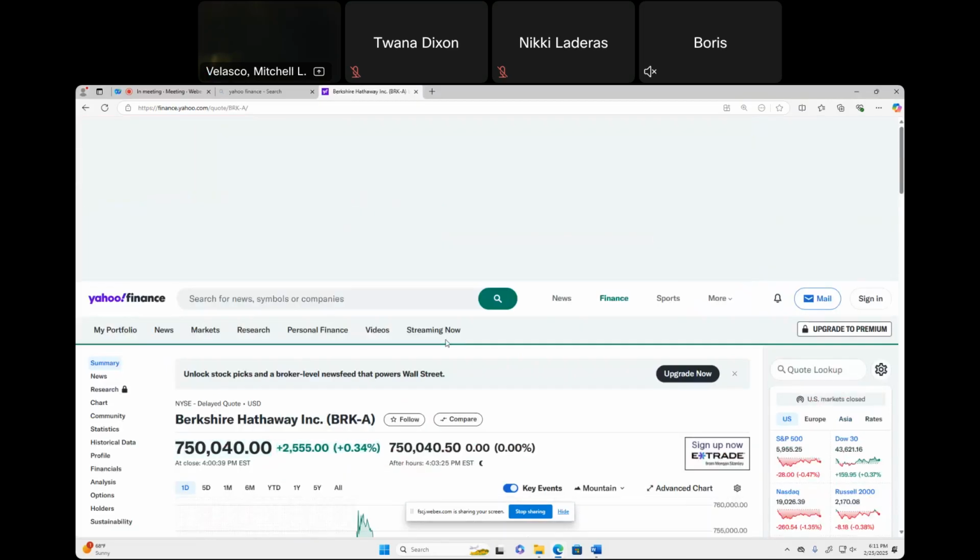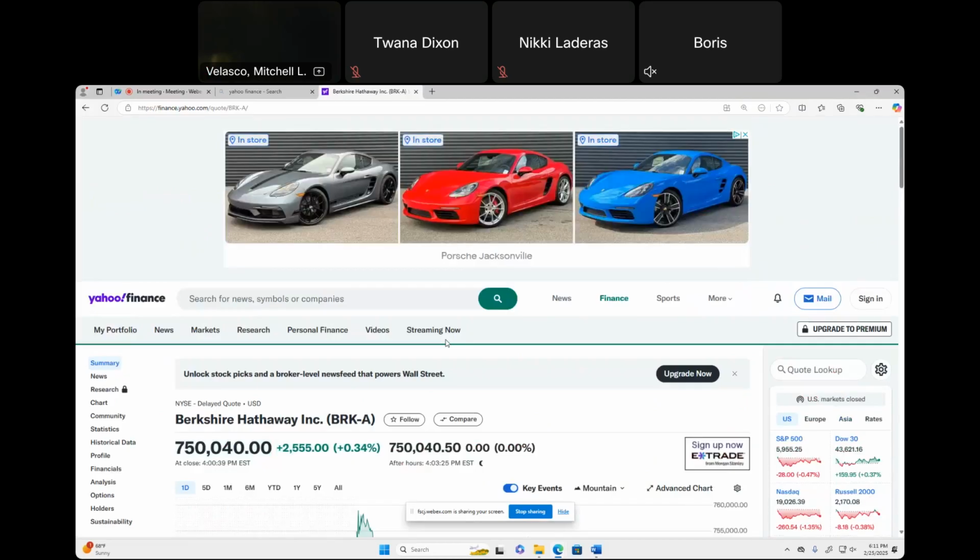With Berkshire Hathaway, hey, come on in. We're having an issue showing what's on my screen to the big screen. If you log into the WebEx link, you can see what's on my screen.